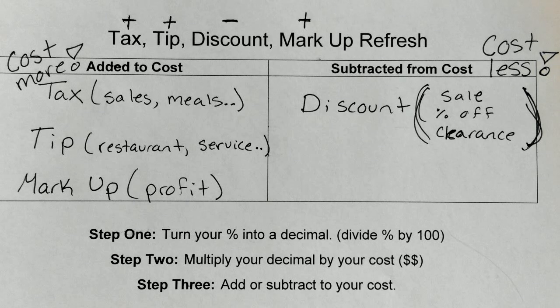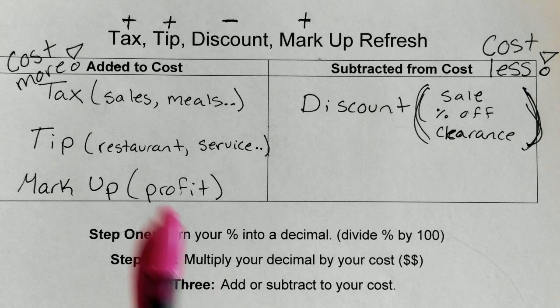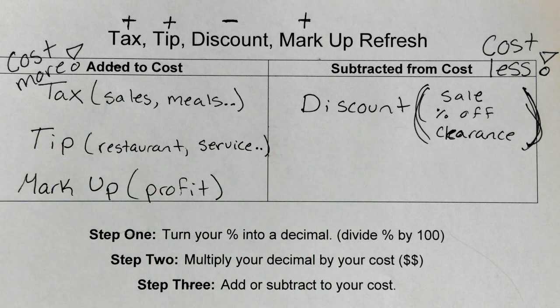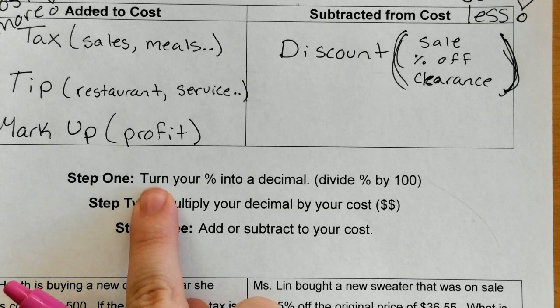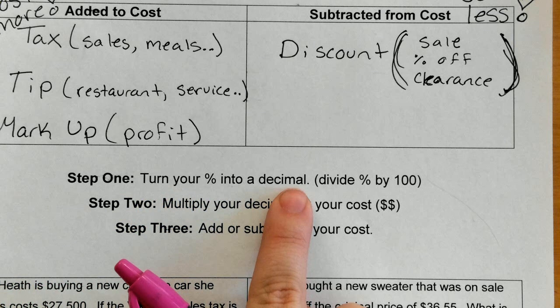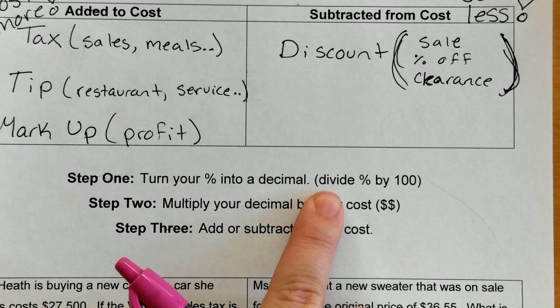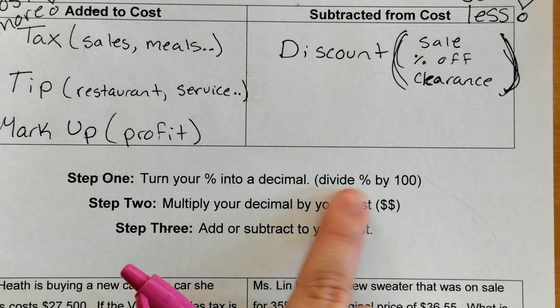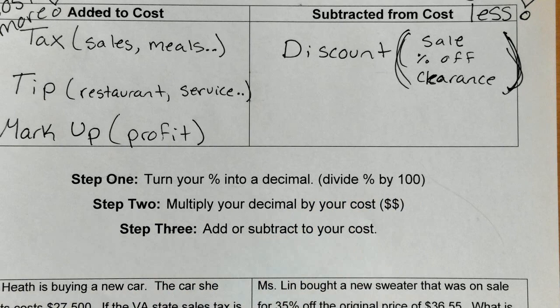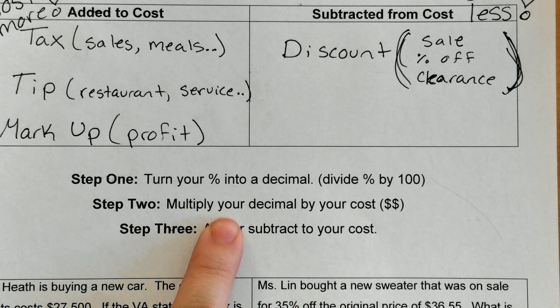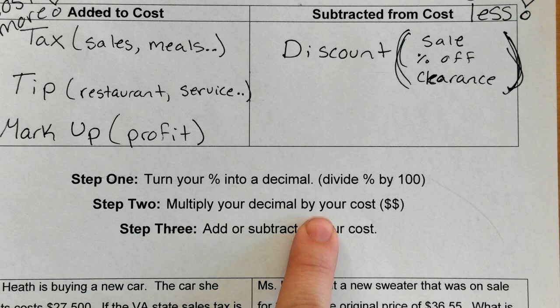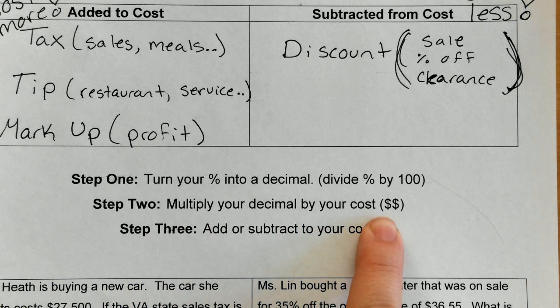Whenever you're calculating a new cost after tax, tip, discount, or markup, the steps that you take are the same. Step 1, you're going to turn your percent into a decimal. If you forgot how to do that, you divide your percent by 100. Step 2, you're then going to take that decimal and multiply it by your cost, or the dollar amount of the item that you're looking at.